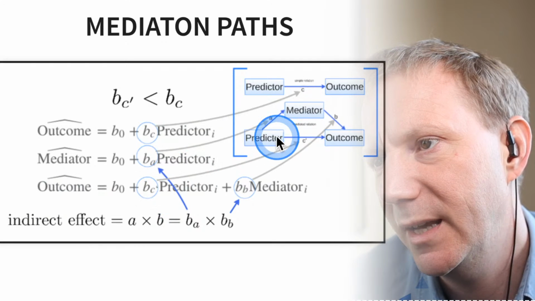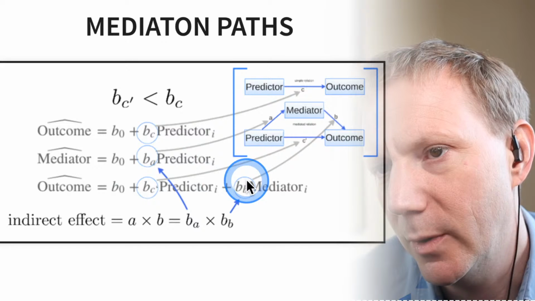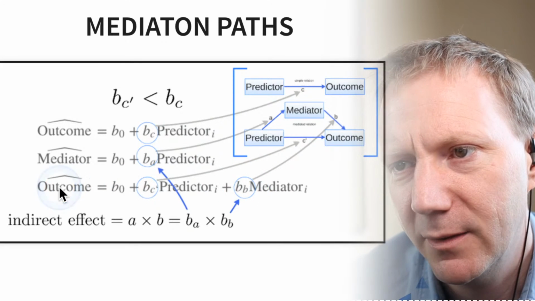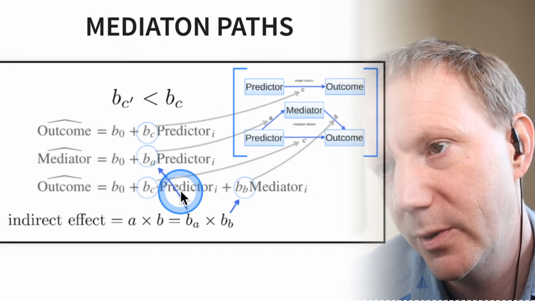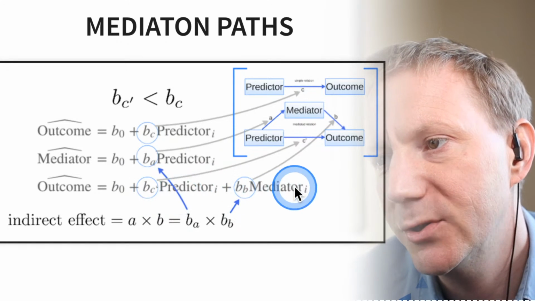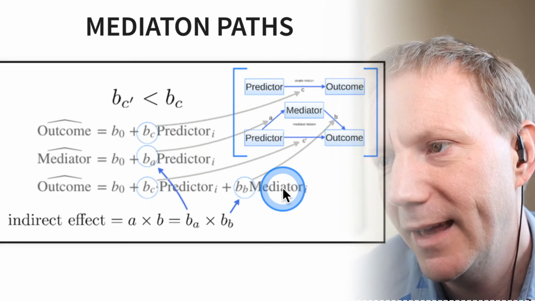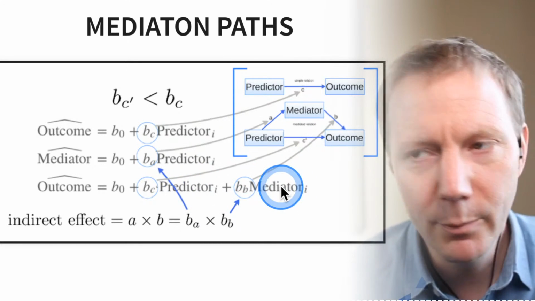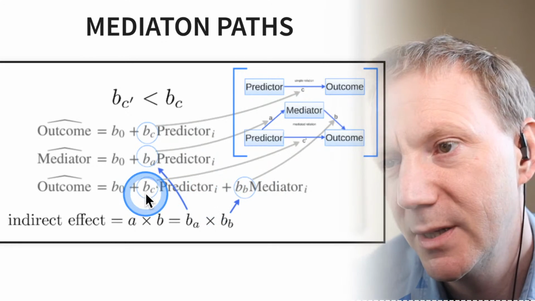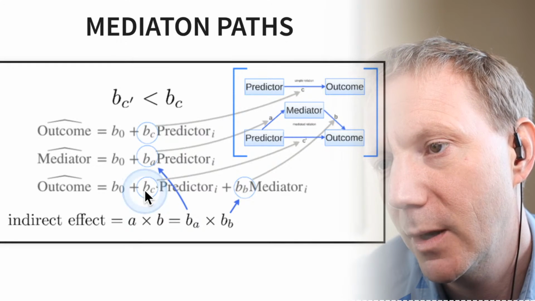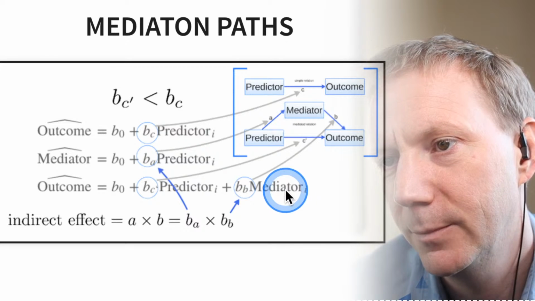So what we're seeing here is exactly this regression model. So we can predict our outcome, but this time we have of course the predictor in our model, but we also have the mediator in our model. And both the predictor and the mediator, they both have their own slope, their intercept. So we have a B for the predictor, and we have a B for the mediator.